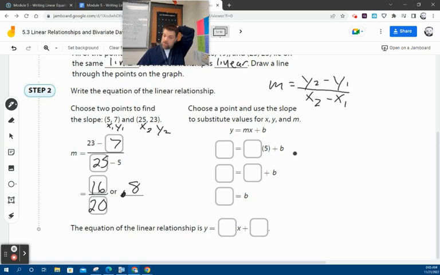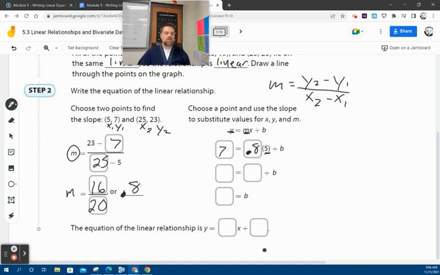So now what I need to do is plug in an x and a y. What goes here? What goes there? What goes in front of the x? The slope. So what's the slope? 0.8. In this particular problem it's 0.8. We just calculated it, silly gooses. All right. So now this is an x value. Where'd we get that x value from? Yeah, this x value. What goes here? 7, because it's y, right? So now what's 0.8 times 5?